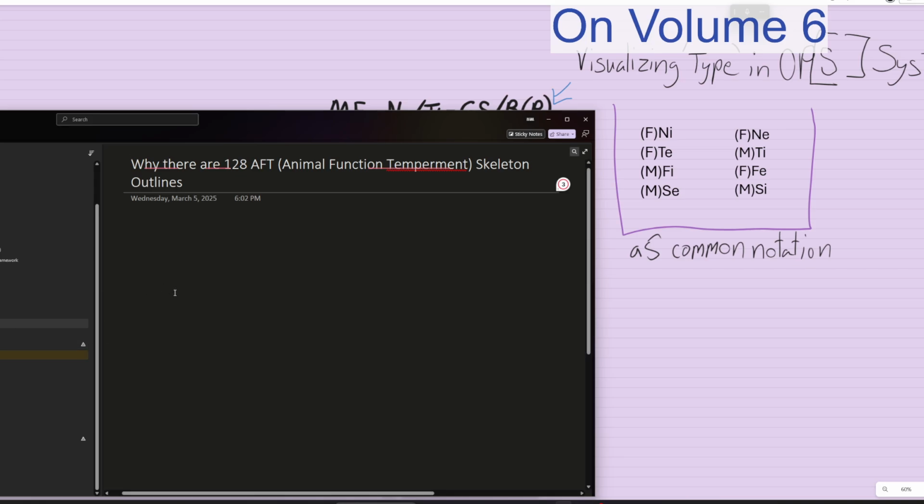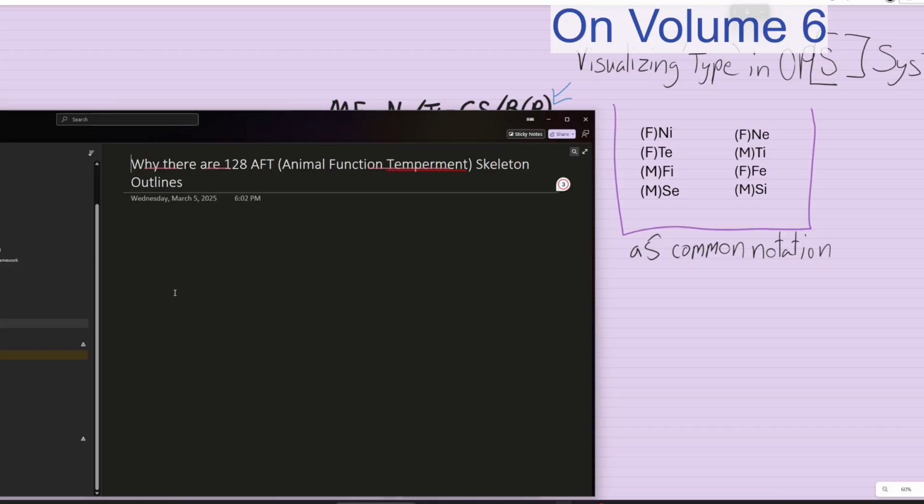Is that true? I thought there was 64. There's 8 times 16. Yeah, I guess there are 8 times 16 animal function temperament skeletons.